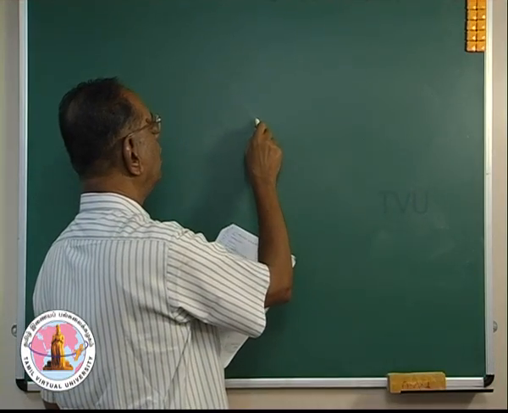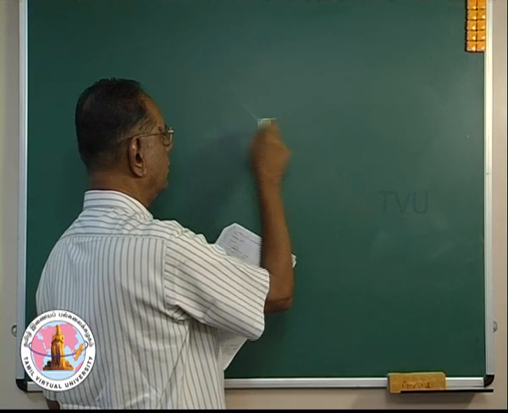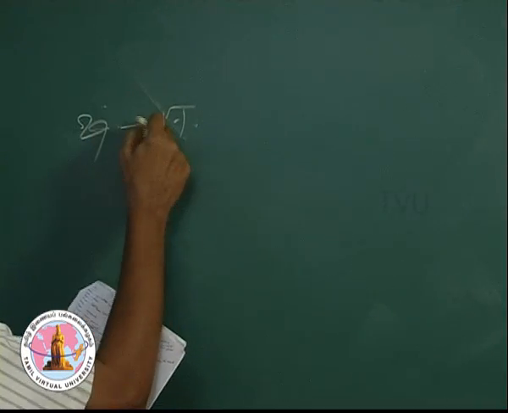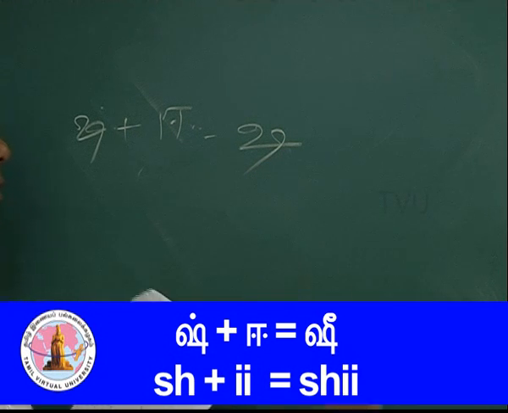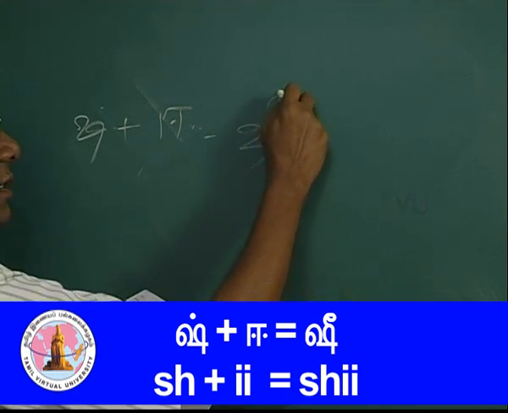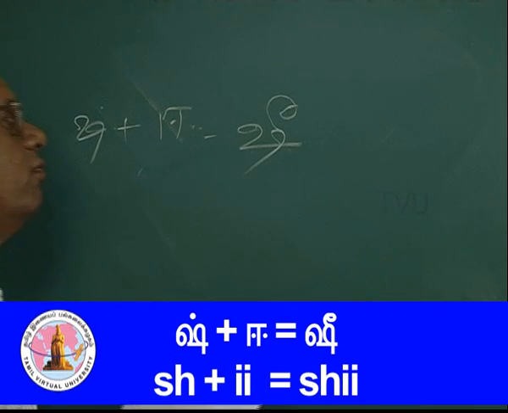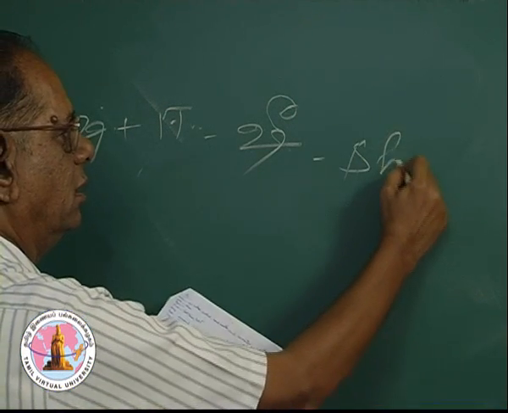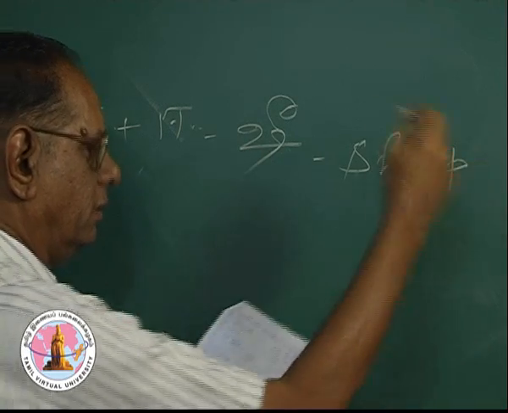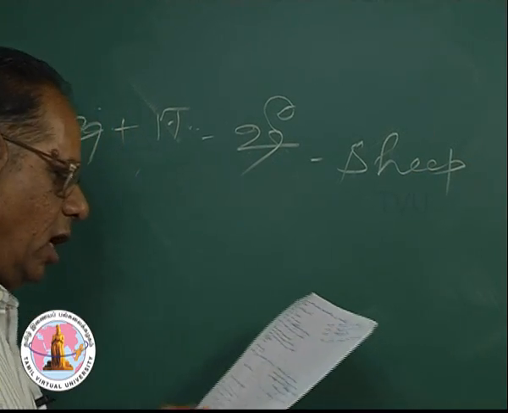Now with long E, this is Sha, the marker is extended and then rounded off. She, as you have in sheep or sheet.